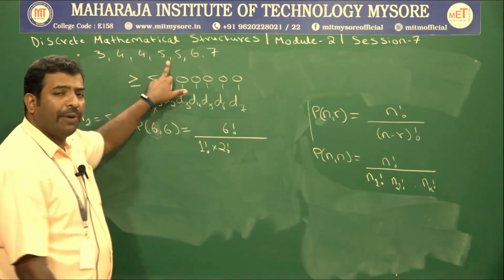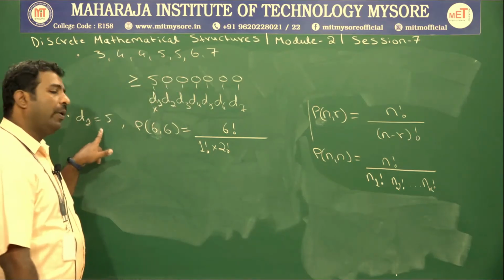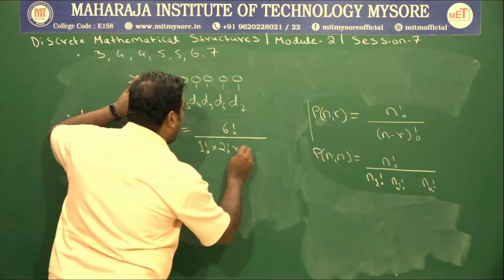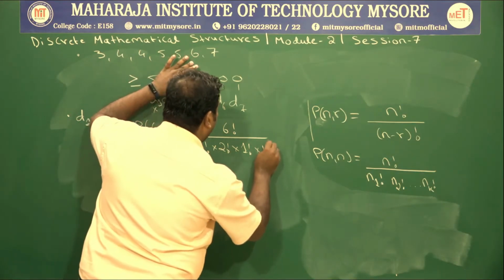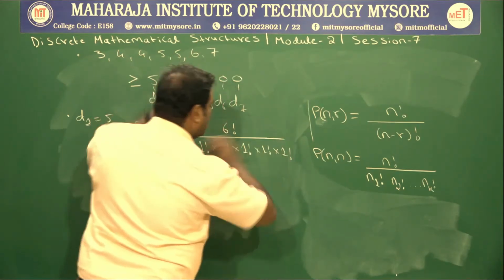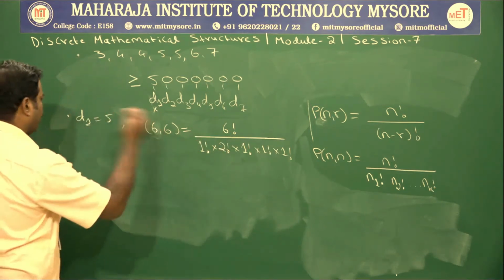Now how many occurrences of 5? It's 1 occurrence because I've already used 5 over here. There's only 1 occurrence left. Hence 1 factorial, and then 1 factorial multiplied with 1 factorial. So find the solution for this. This is the first case.